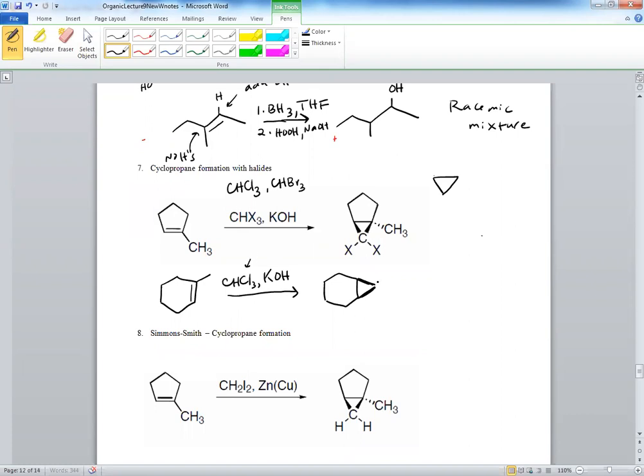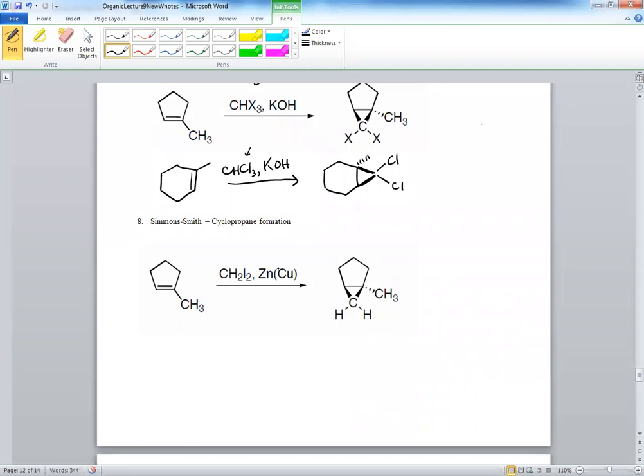So you have SCl and SCl. Whatever halogens are attached to this, what we call haloform, which is in this case a chloroform, these are the atoms added. Of course, we have the methyl group right there.